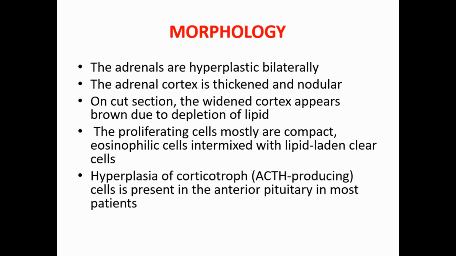Along with hyperplasia of the adrenal gland, hyperplasia of the corticotroph cells may also be seen in the pituitary, in the anterior pituitary, which appear as eosinophilic cells.